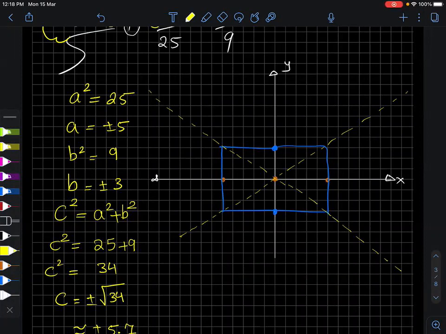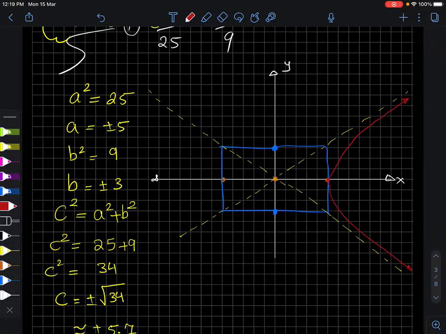Now, pay attention. Some of you draw the branches of the hyperbola like this. No, guys. Outside the rectangle. So from this vertex, we move like this and approach the asymptote, but does not touch it.